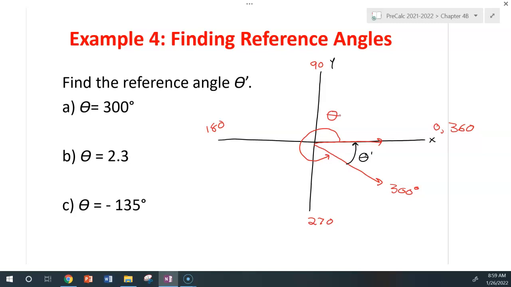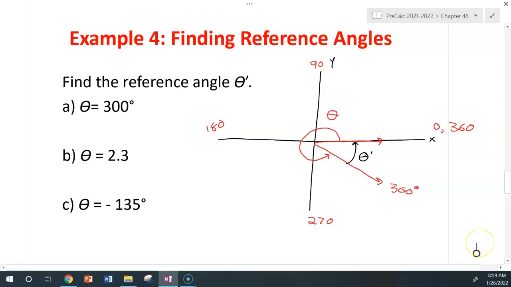And my answer has to be a positive number. So I'm going to find this distance right in there. And I know this is 360 and that's 300. So I'm just going to do 360 minus 300. So theta prime is going to equal 60 degrees.